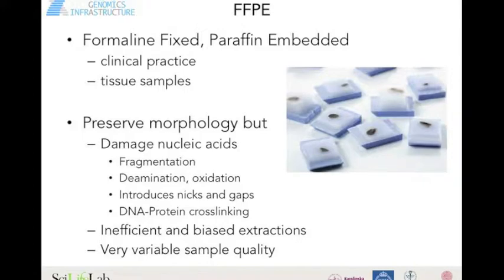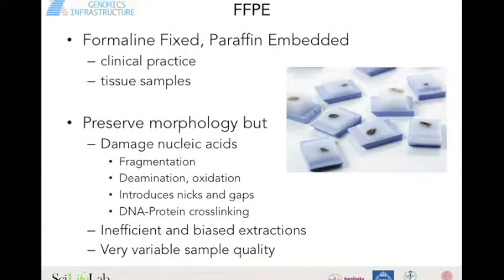So you see fragmentation, deamination, oxidations. You get nicks and gaps, and you have cross-linking to proteins. Also, the extractions are inefficient and sometimes biased towards where the proteins were situated. And you get very, very variable sample quality based on the age and practice of that particular sample.